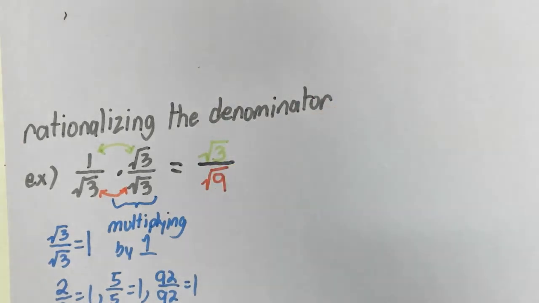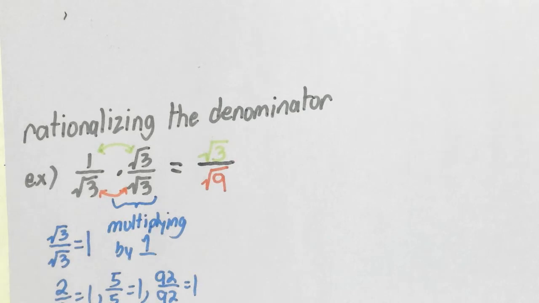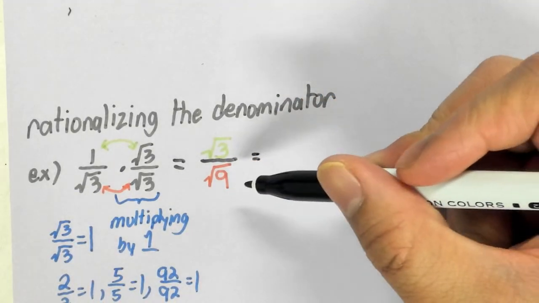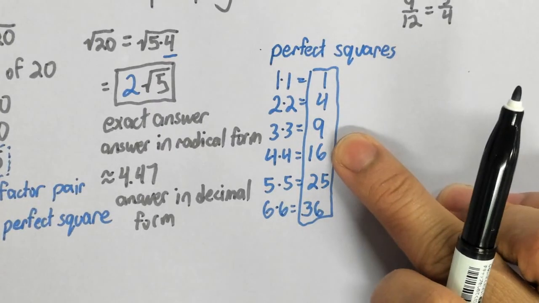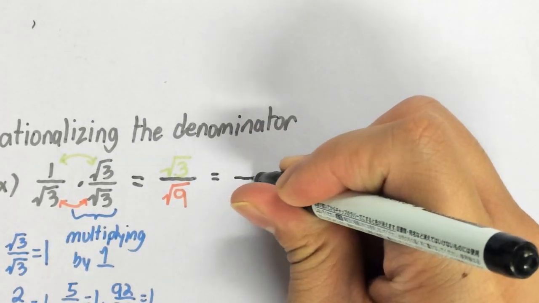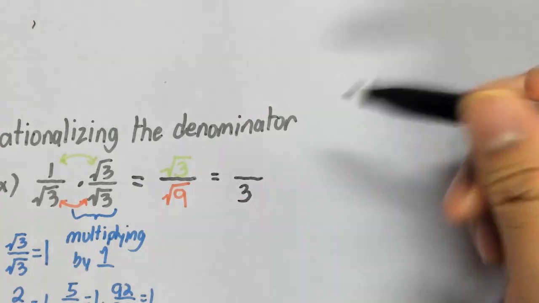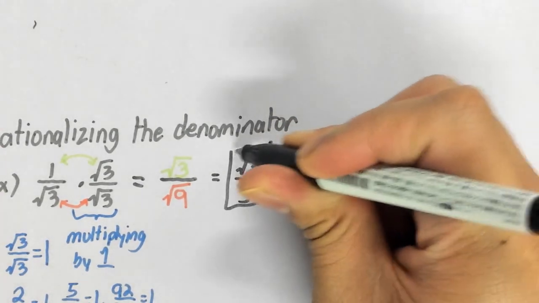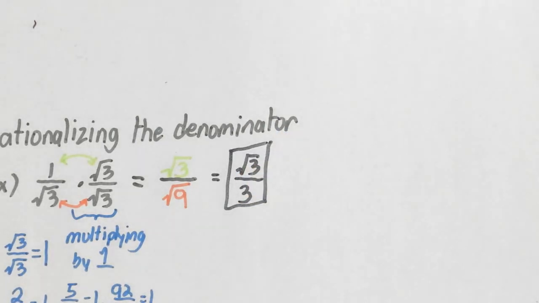So that's square root of 9, which we can further simplify. Square root of 9 is a perfect square. Square root of 9 is 3. And on top, we still have square root 3. And there's your answer. Square root of 3 over 3.